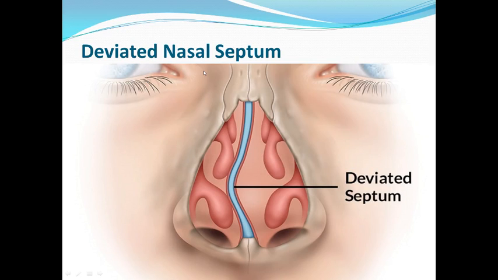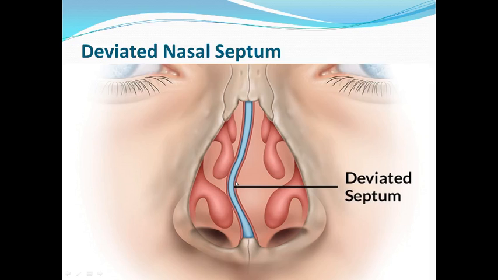Now, deviated nasal septum. As I have already defined, the nasal septum is generally the median partition between the two nostrils. But you can see in the figure that this person has a right-sided DNS, deviated nasal septum.